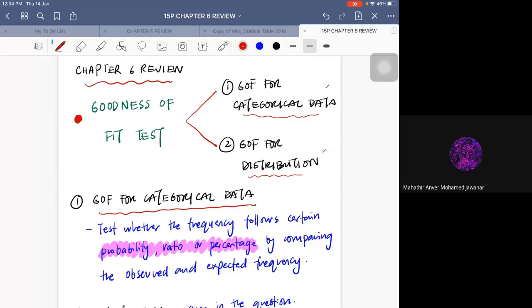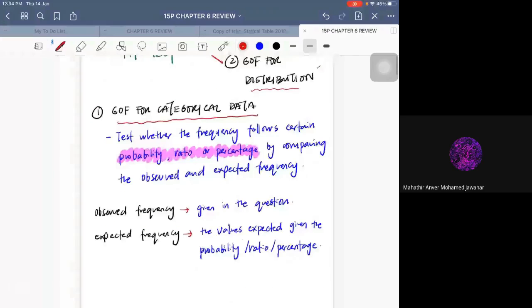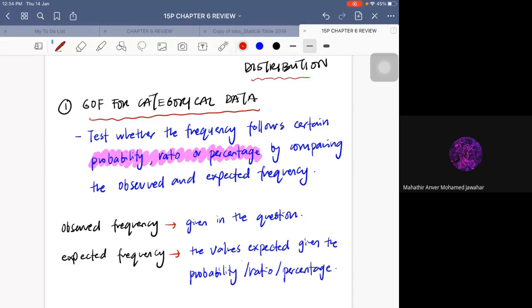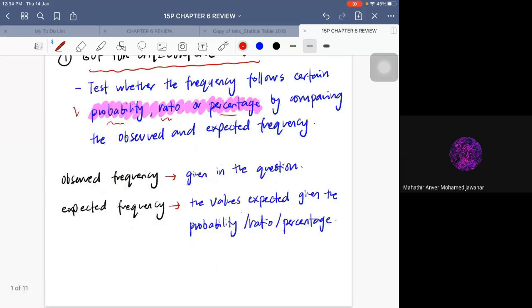What happens in goodness of fit for categorical data is that it tests whether the frequency follows certain probability ratios or percentages. You're given a probability, ratio or percentage, and you test whether or not the data that you have actually follows this particular probability, ratio or percentage. There are two terms here: observed frequency and expected frequency.